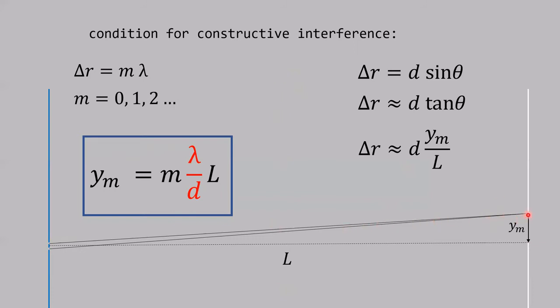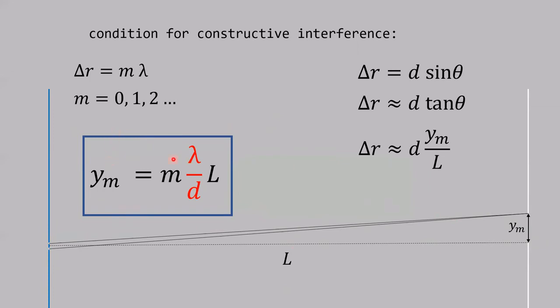This is where the first point of constructive interference is on this screen. But if we had the screen here, that first point of constructive interference would be here, not here. So the distance of the fringe from the forward direction, if we had the screen here, is about half of what it is here. That's what we can see in this equation.